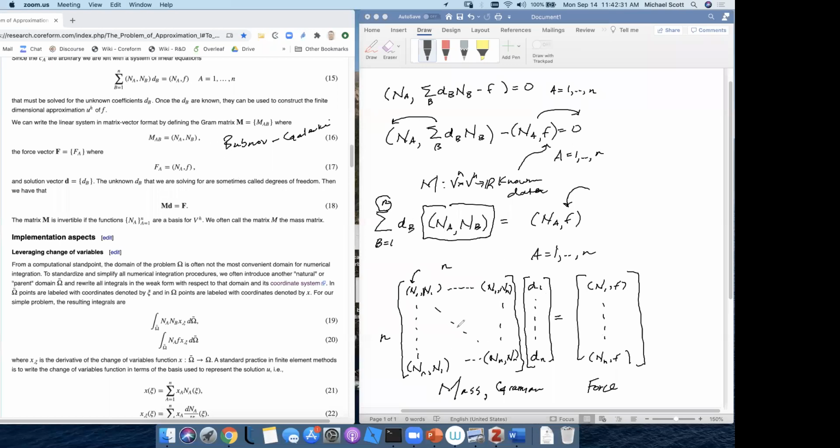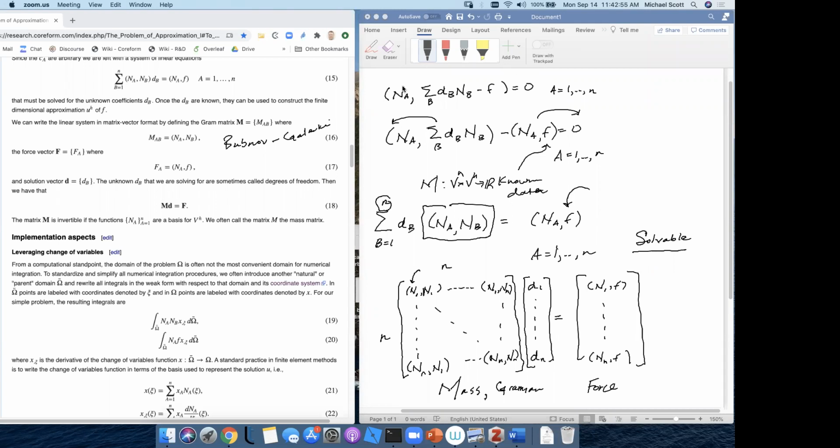So how do we know that this is solvable? Meaning there exists a unique solution. I'm not going to use all this notation.